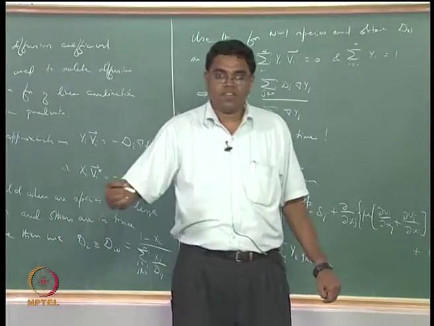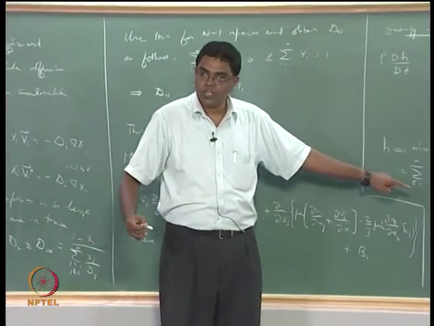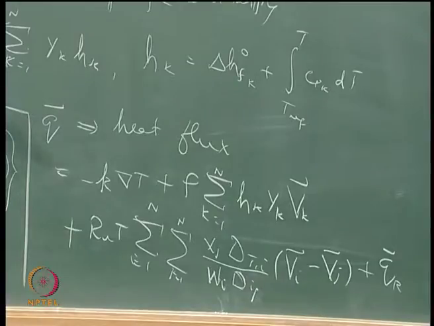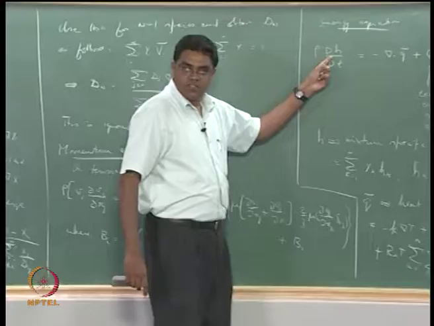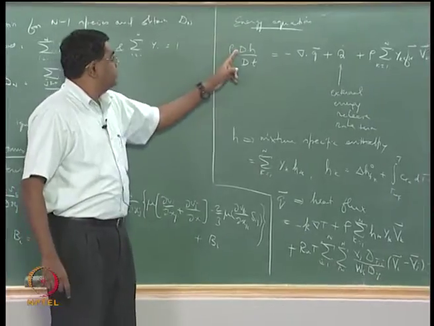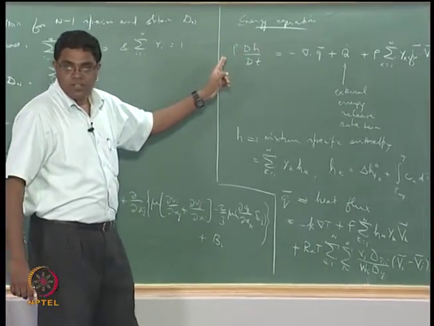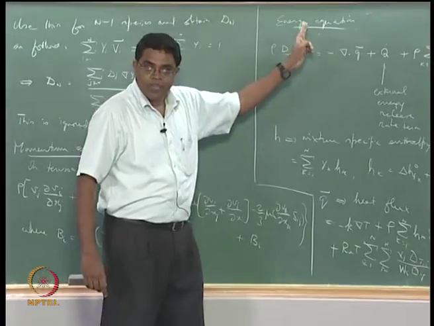That is the diffusion velocity of species k, right. How did we get this term? The answer is, when we were looking at this, we had ∂h/∂t plus v dot del h.